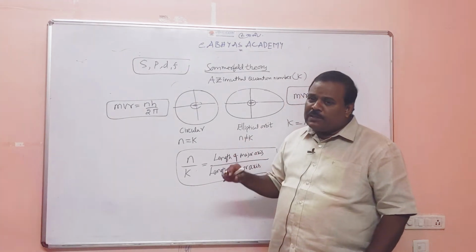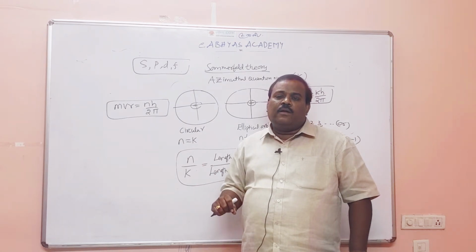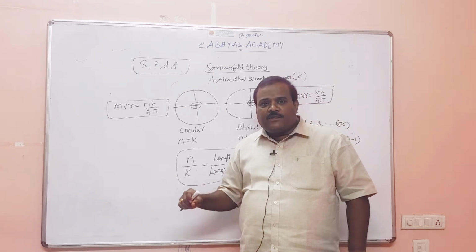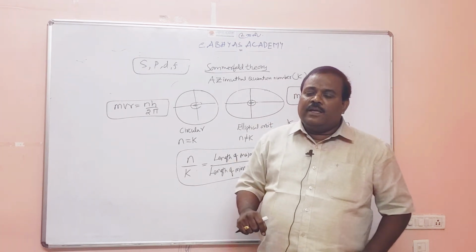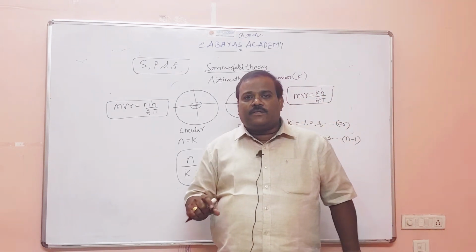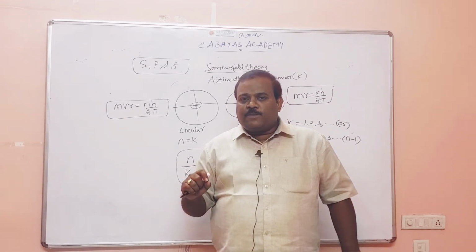And azimuthal quantum number explains the shapes of the orbital. S orbital is spherical, p orbital is dumbbell, d orbital is double dumbbell, f orbital is fourfold dumbbell, or it is a complex shape. Thus, principal quantum number is proposed by Bohr.